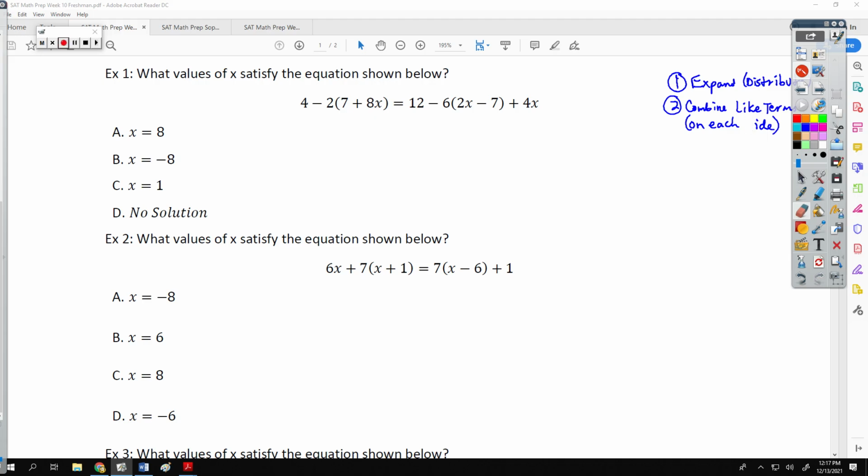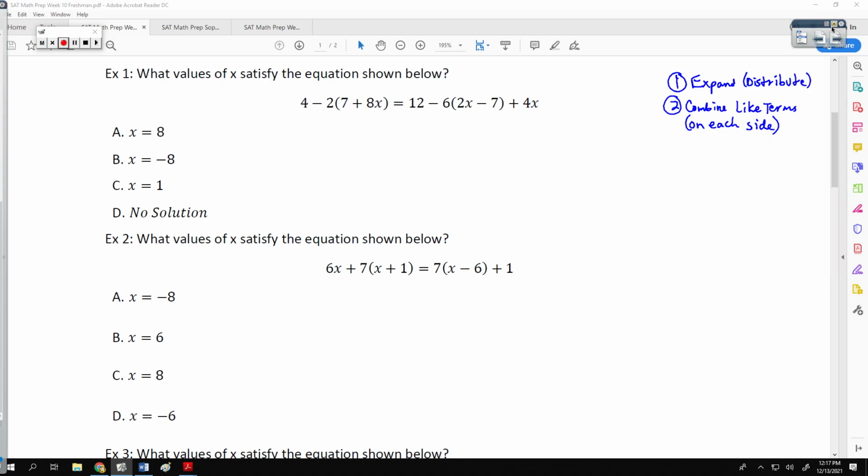We're going to combine like terms on the left side and combine like terms on the right side. Then we are going to isolate the variable, which means x alone on one side. Doesn't matter which side, but we need the x to be alone on one side. And once we do that, we'll be left with a one-step equation where we divide in order to get x completely by itself.